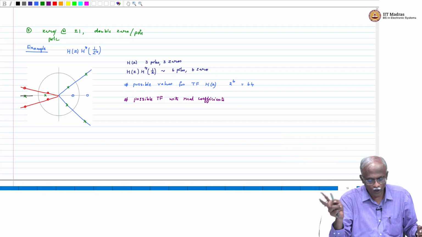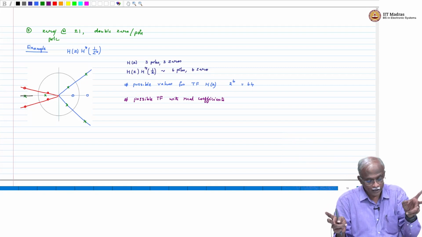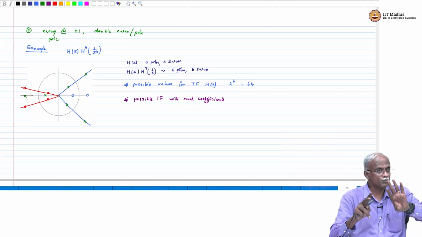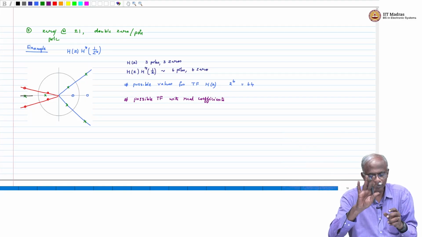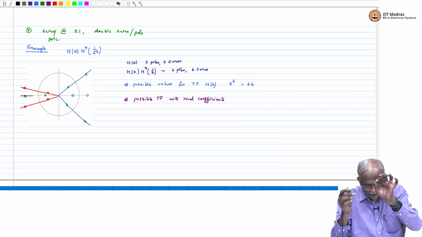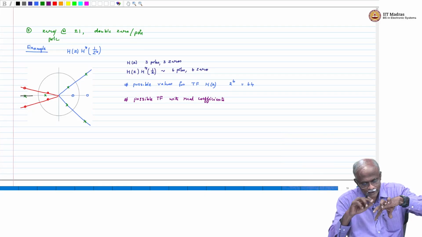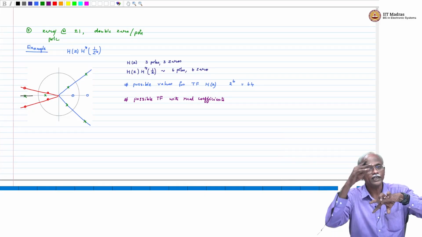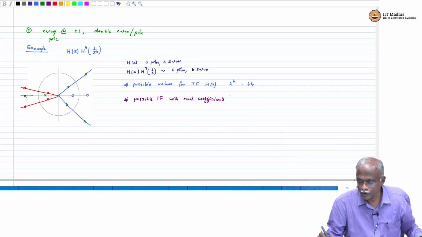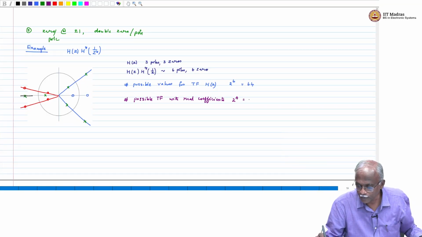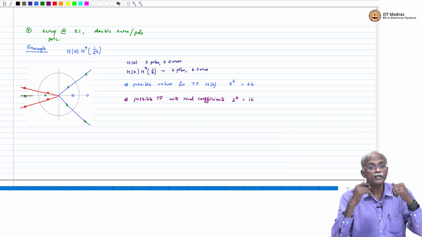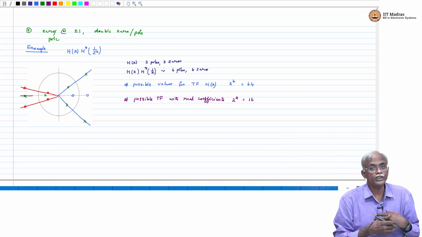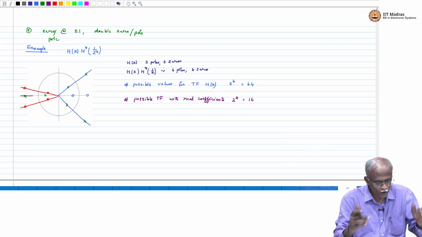I have one zero on the real axis, I can take inside or outside. The other zeros I have to take as a complex conjugate pair, so that together they become one option. Similarly for the poles. So, there are a total of 4 possible options. The zero inside and outside, the complex conjugate zeros inside or outside, the pole inside or outside, the complex conjugate pair inside or outside. So, this is 2 to the power of 4, which is 16 transfer functions which can satisfy the condition that I have a real transfer function. That means the complex conjugate zeros should occur together.